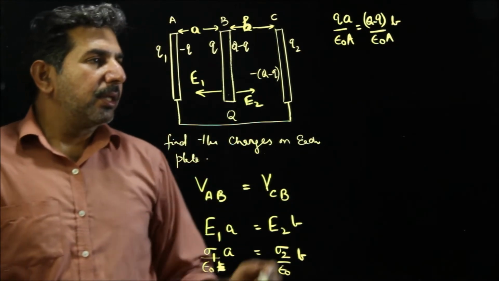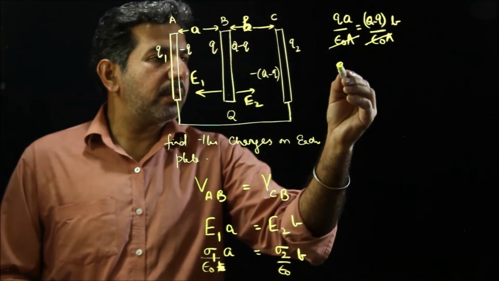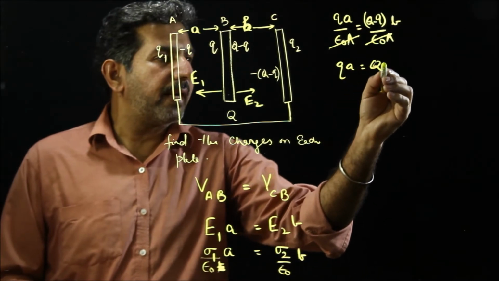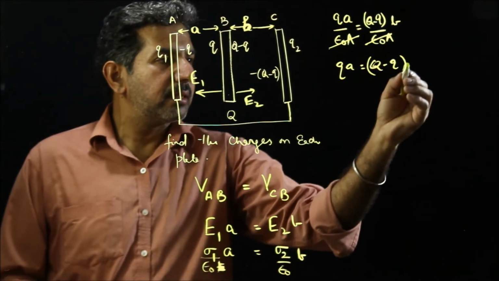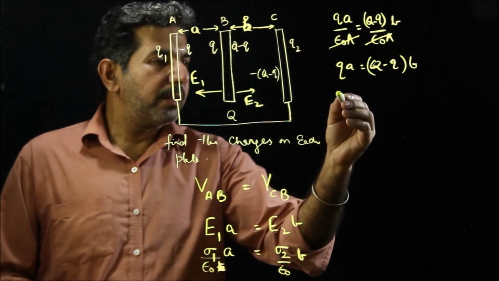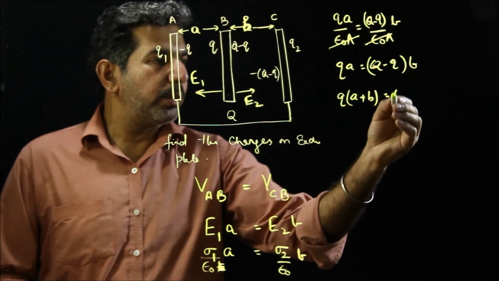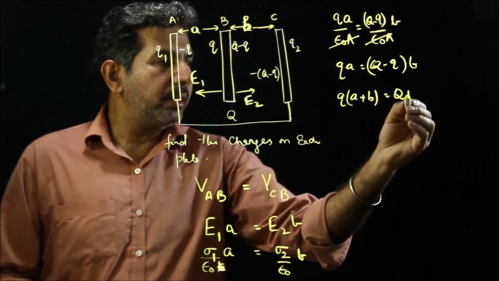So from this, what you can find is this: q into a plus b is equal to capital Q into b.